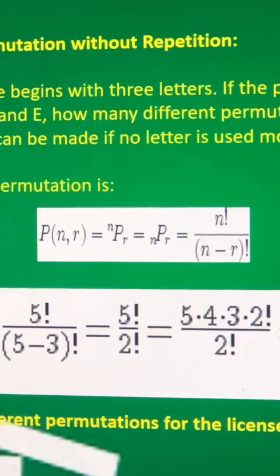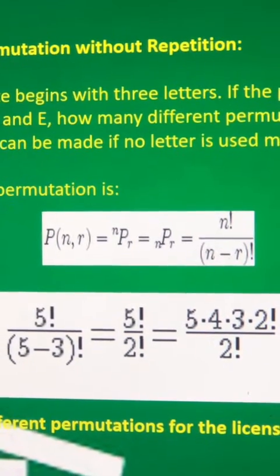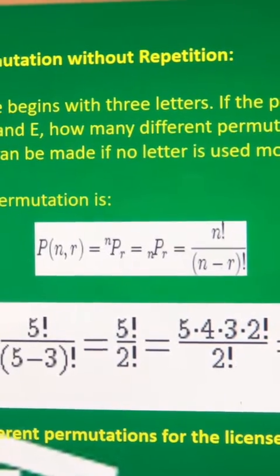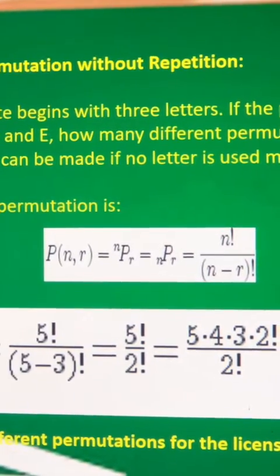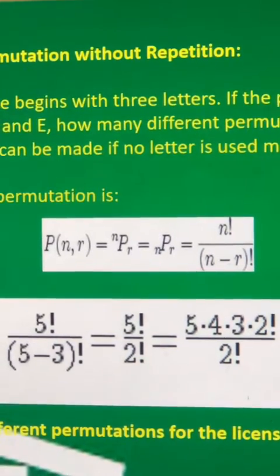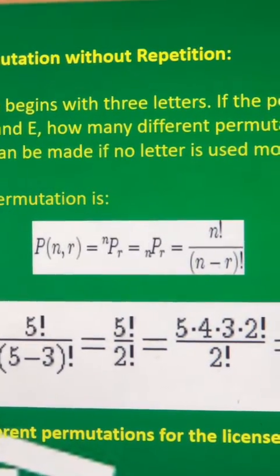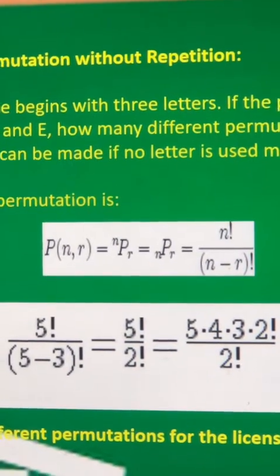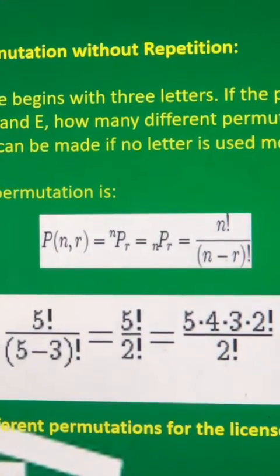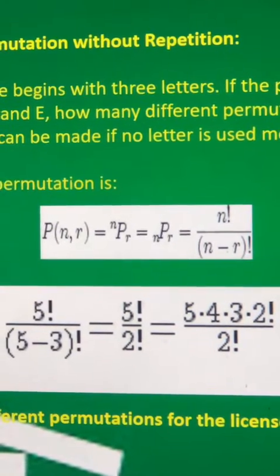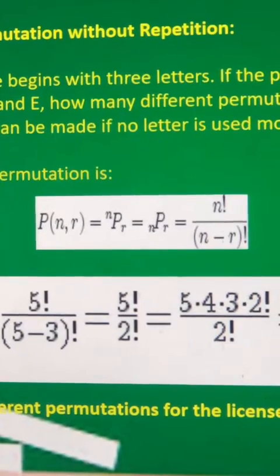The formula for permutation is P(n, r) equals nPr equals n factorial over n minus r factorial.